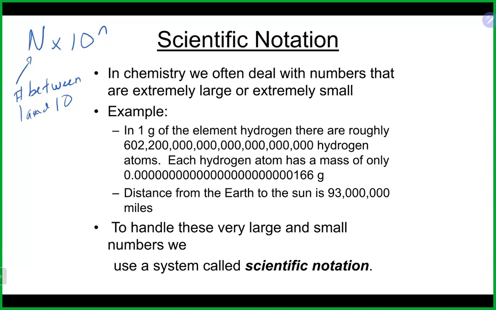It can't be less than 1. So you could have a number that's 1, but you can't really have a number that's 10. You've got to have 9 point something. And it's times 10 to the n. This exponent is a whole number that's either positive or negative, depending on how many places you need to move your decimal point to get to a number between 1 and 10, and which way you need to move it to do so.